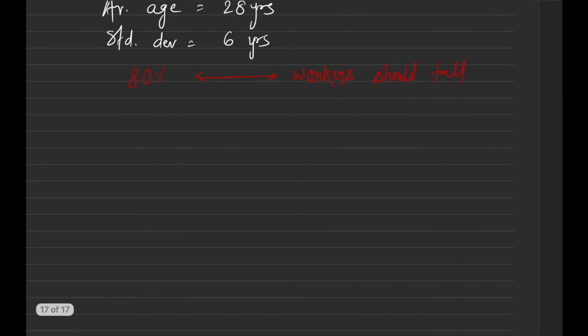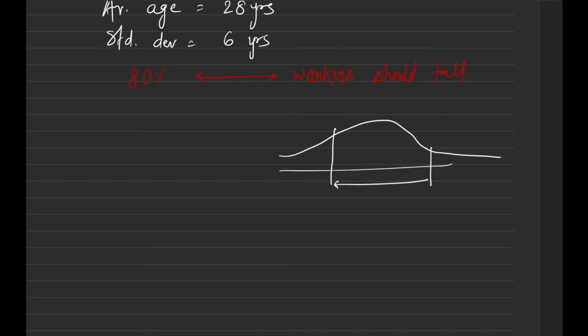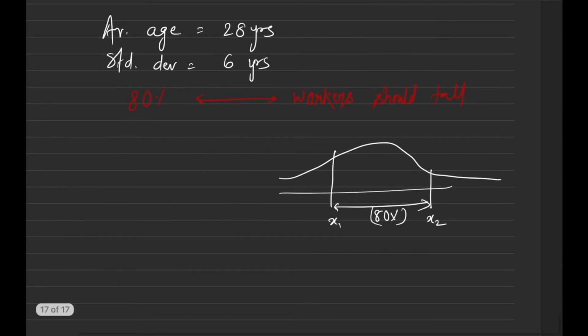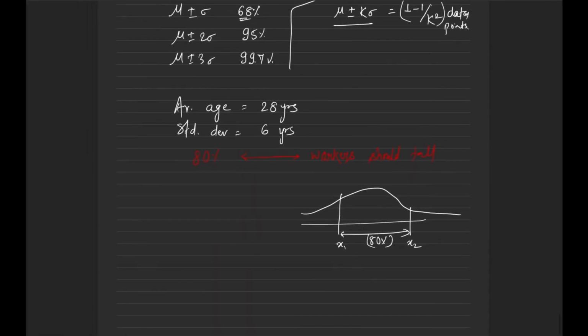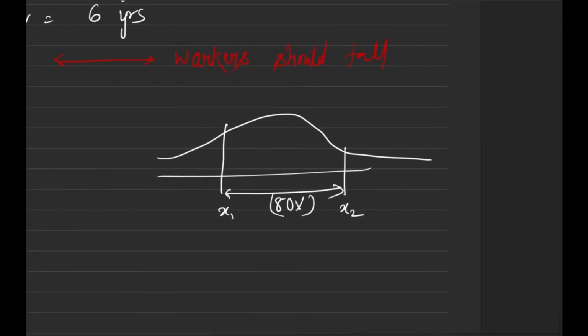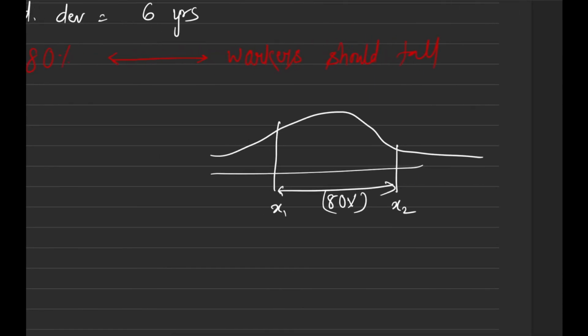That means we need to find, let's say this is your curve, again not normally distributed, the data points x1 and x2 between which 80% of your data should fall. Can I make an assumption that somewhere here mu will be there, and let's say k is here and similarly k is here?